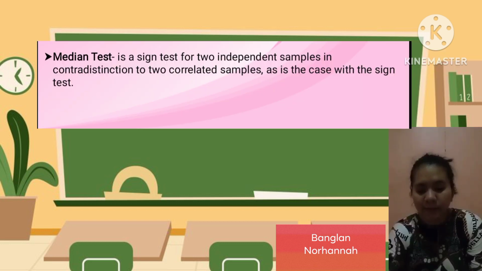Median test is a sign test for two independent samples, in contradistinction to two correlated samples, as is the case with the sign test. The median test, also known as Mood's median test, is a non-parametric statistical test used to compare the medians of two or more independent samples.